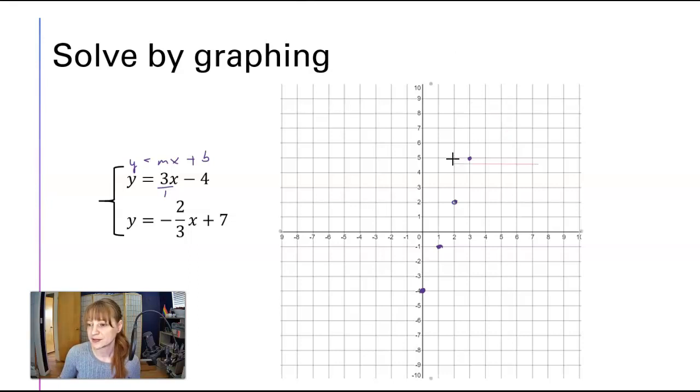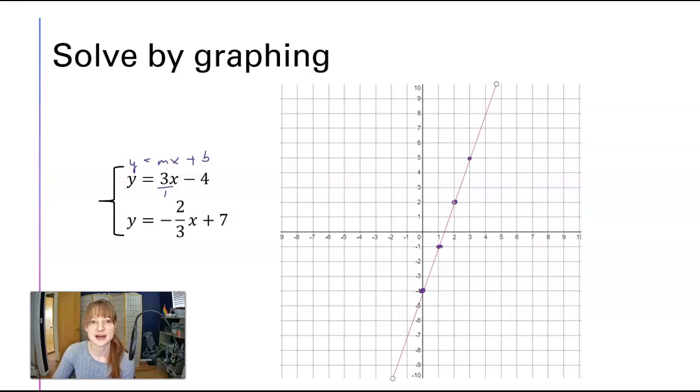And we can draw, whoops, that's not the correct line. We can draw that line through all of those dots. And that is going to be the graph of that line. So that's our graph of that first one, y equals 3x minus 4. There we go, kind of like that.